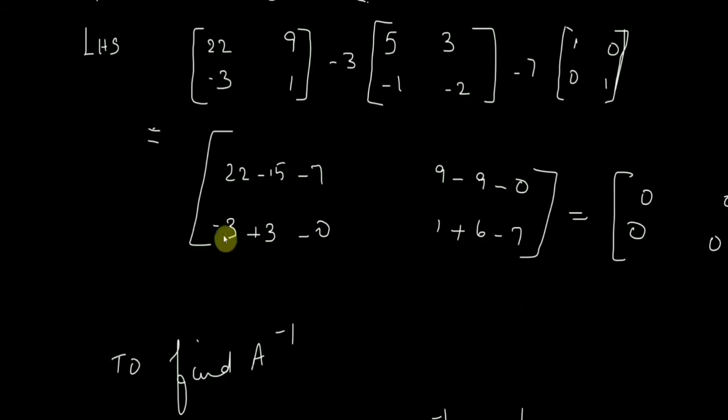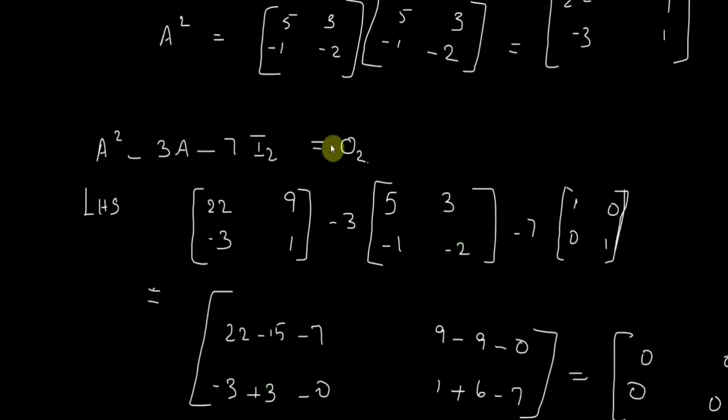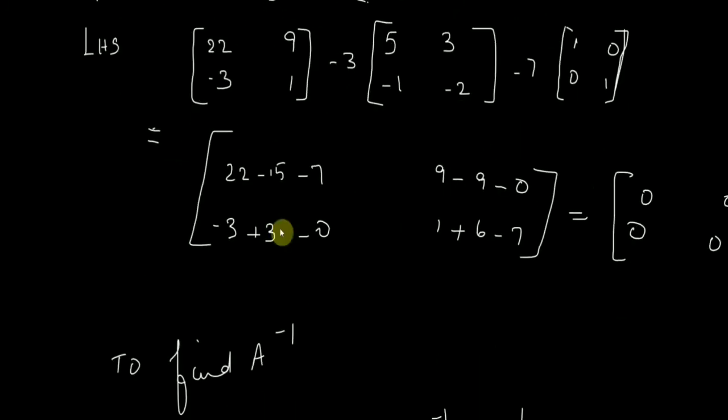This is 0. Minus 3 plus 3 is also 0. So we got the 0 matrix, that is your RHS. So we have proved LHS is equal to the RHS, that is equal to 0 matrix, that is equal to O2. So we have proved it is equal to the right hand side.